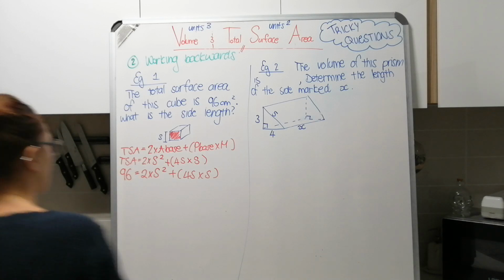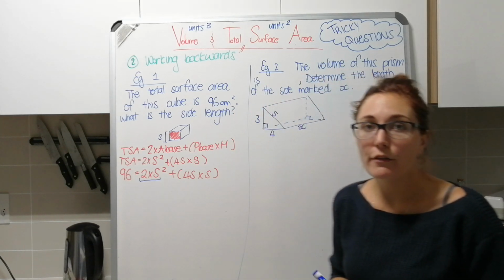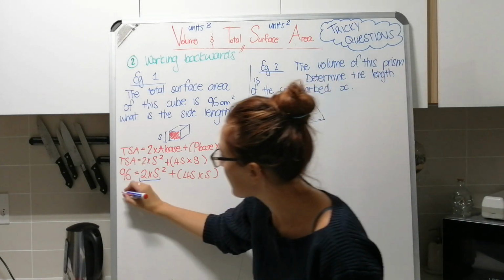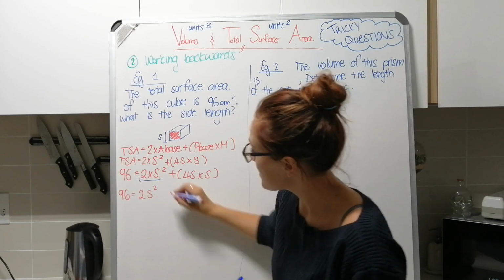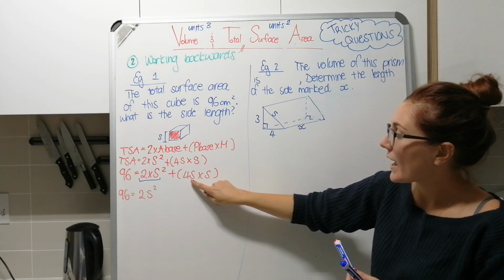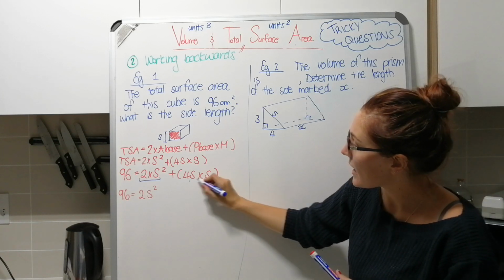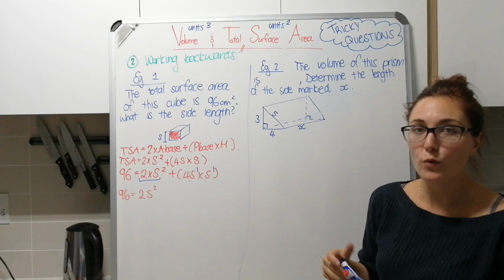Okay, now looking here, 2 times a letter, a better way of writing that is just 2s squared, right? So let's go ahead and do that. That'll be much neater. 96 equals 2s squared. Then, inside the brackets here, 4s times s. Remember, when you multiply things with the same base, you add the exponents, and those both have an exponent of 1.